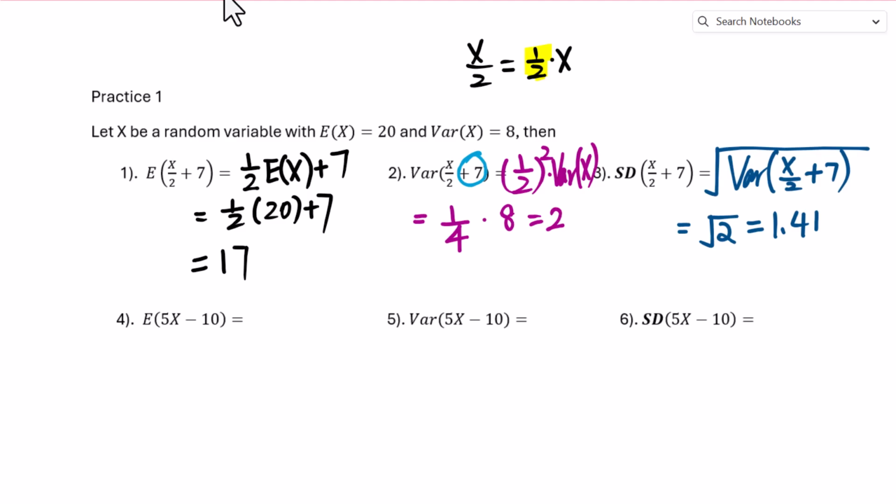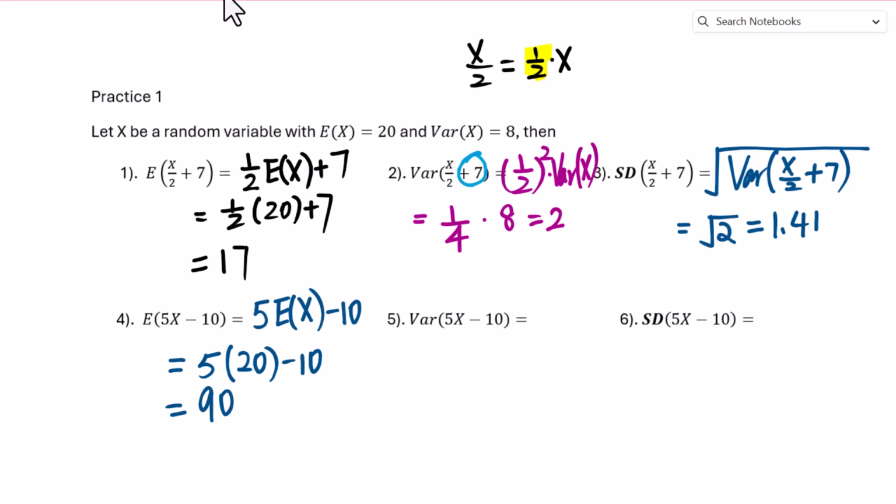Let's go to question 4. E of 5X minus 10 equals 5 times E of X minus 10, which is 5 times 20 minus 10 equals 90.